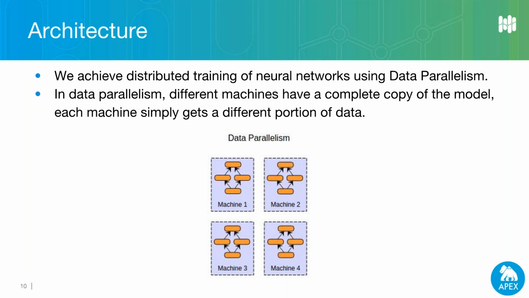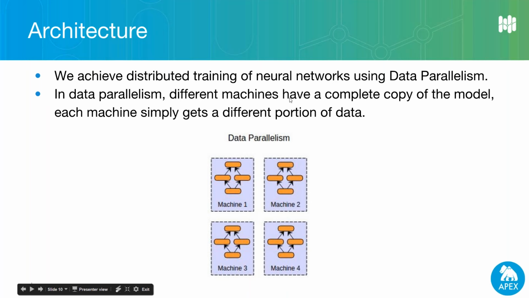The other way is you provide the model to different machines and you partition your data. Out of your incoming data, you send a subset to each of the machines doing processing, and then you use some mechanism to come up with a final model. We are using the second approach, which is called data parallelism.